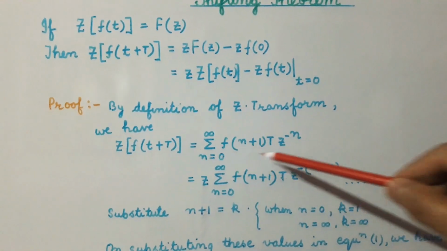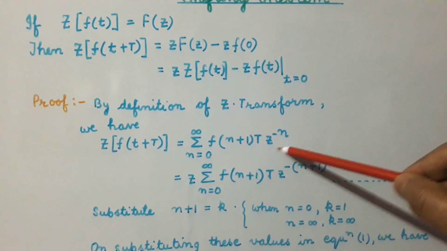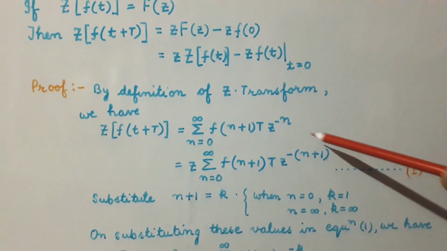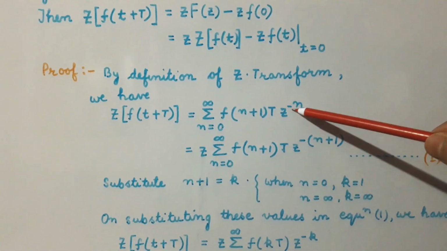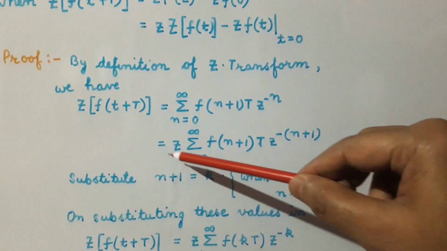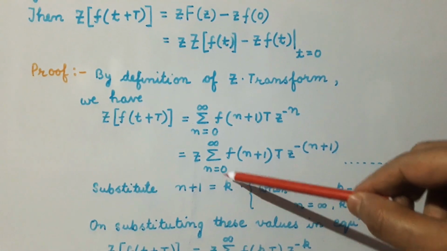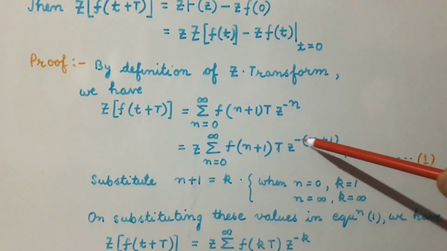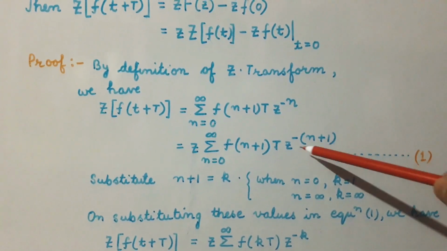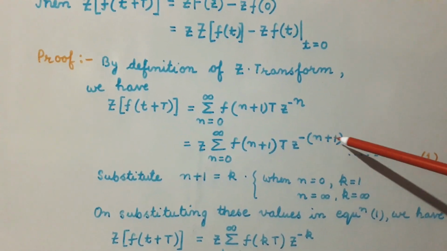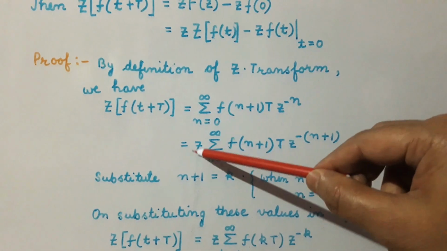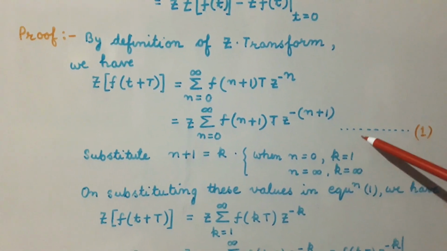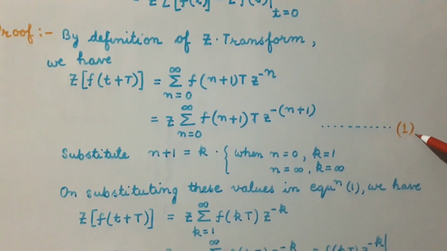Now we will multiply this equation by z into z to the power minus 1, so that we can write this expression as z times the summation n equal to 0 to infinity of f((n+1)T) into z to the power minus (n+1). That is, we have multiplied this by z to the power minus 1 and z to the power plus 1. Let this be equation number 1.